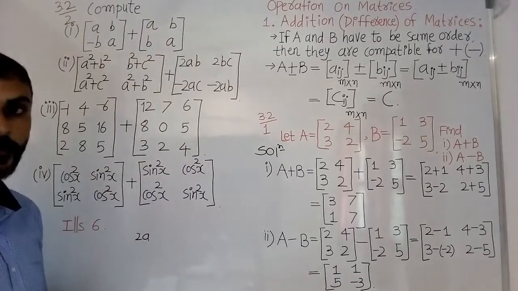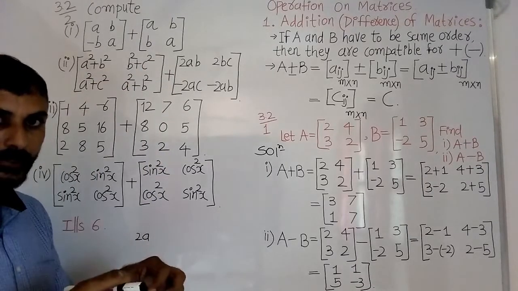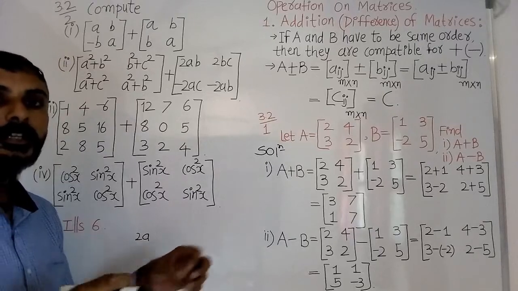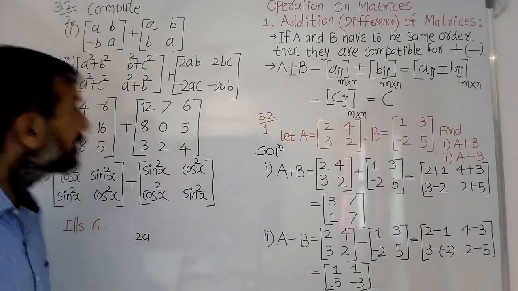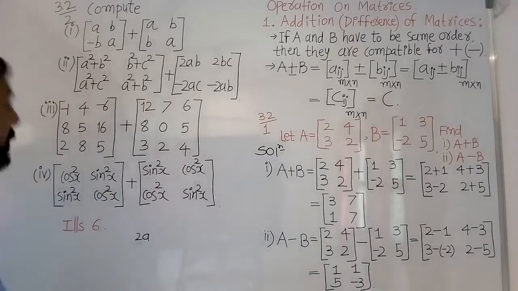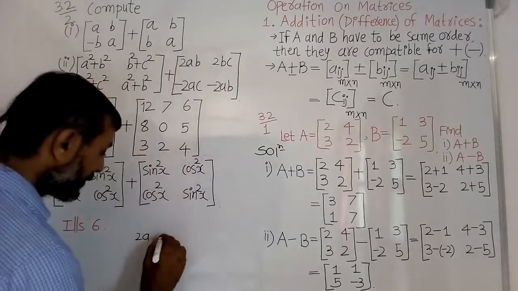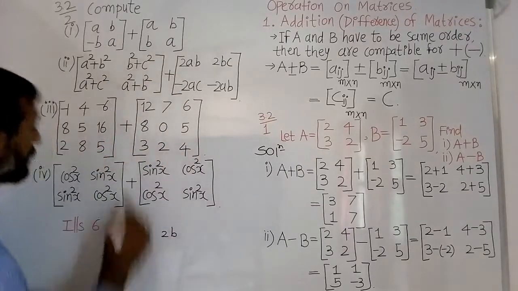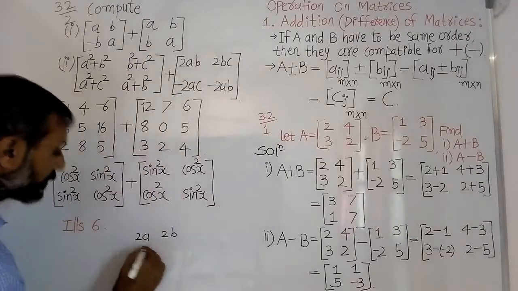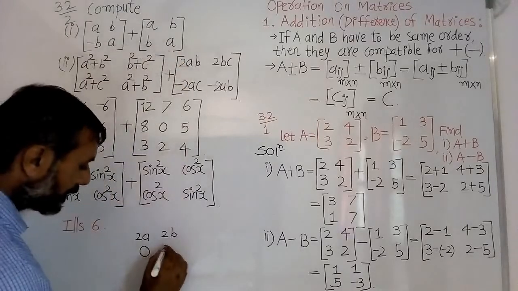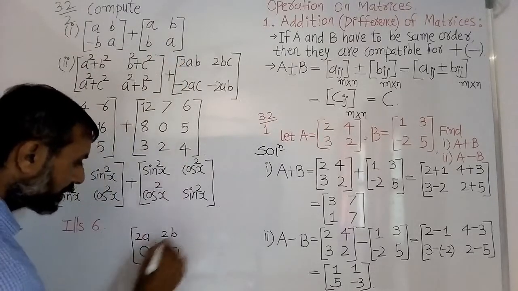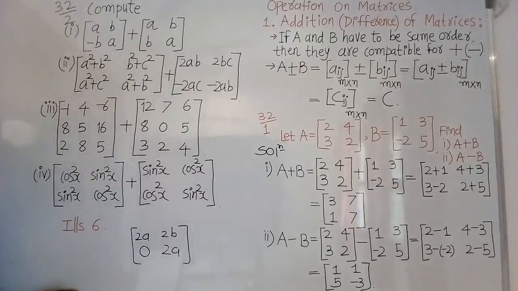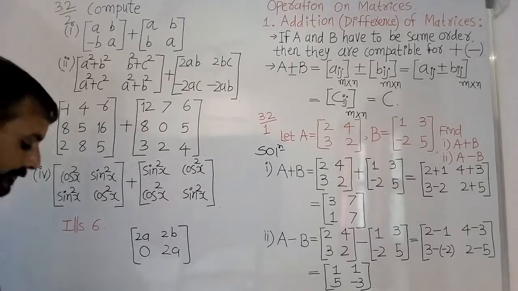So according to position we choose and we add them. This is called corresponding addition, addition of corresponding elements. So we get 2A, then 2B, then minus B plus B will be 0, A plus A will be 2A. So this is the answer of the first example.